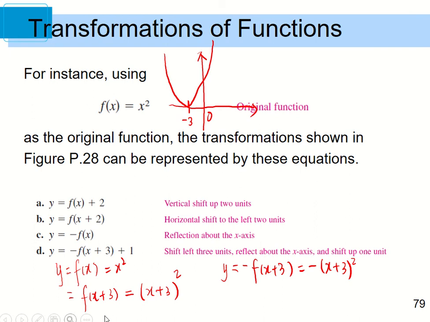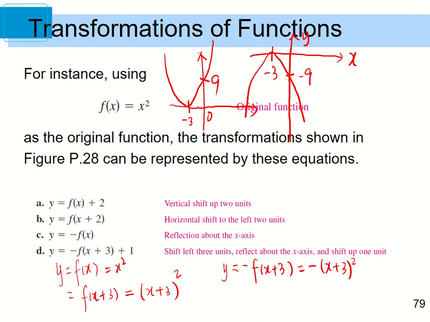What happens if the graph is multiplied by negative? It will be reflected with respect to the x-axis. So we will have negative 3 here, and this is the graph. When x is 0, y is 9, and therefore this is negative 9. So we reflect the graph there.